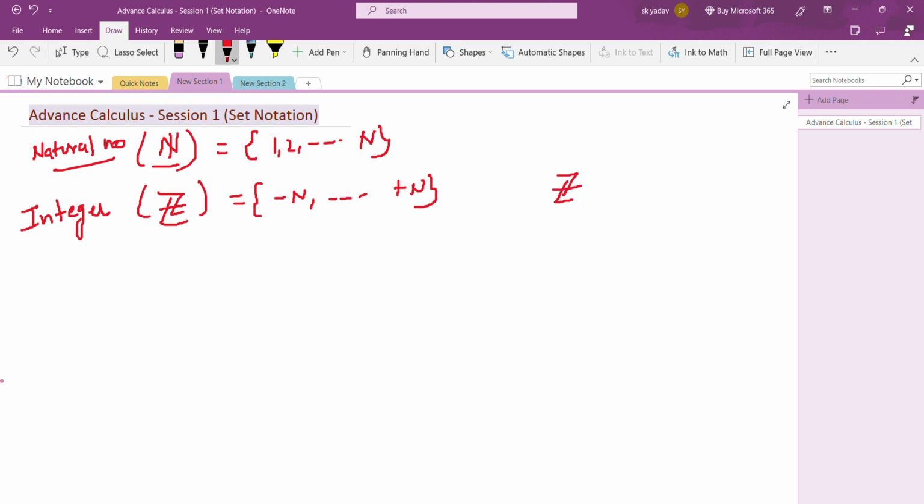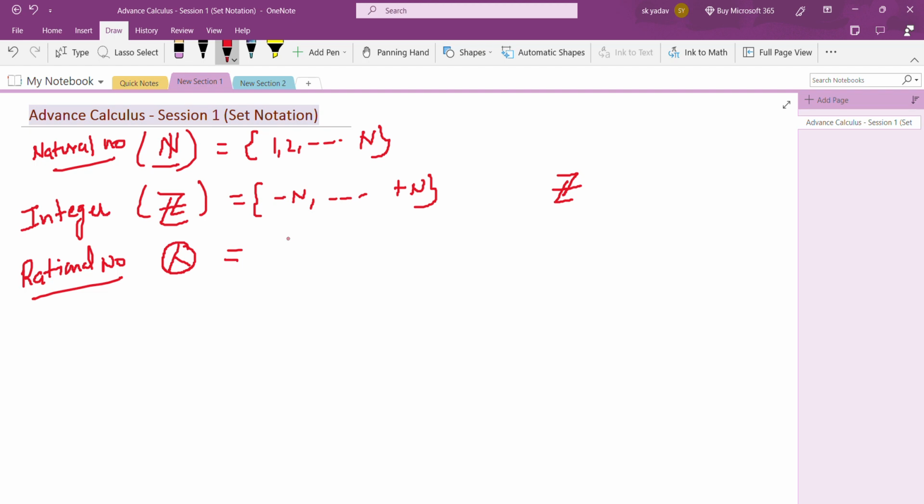Now we have another notation that comes into the picture, that is the rational number. How do we represent the rational numbers? Rational numbers are represented like this; this is the symbol.